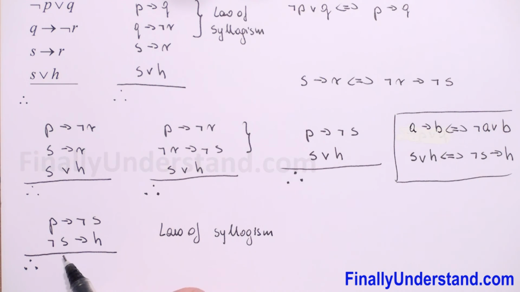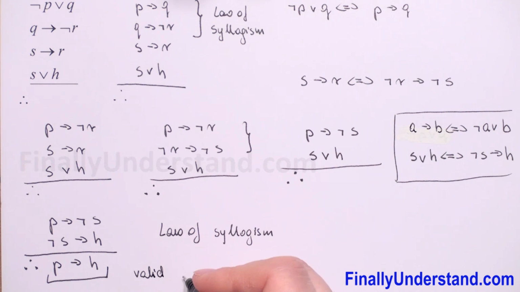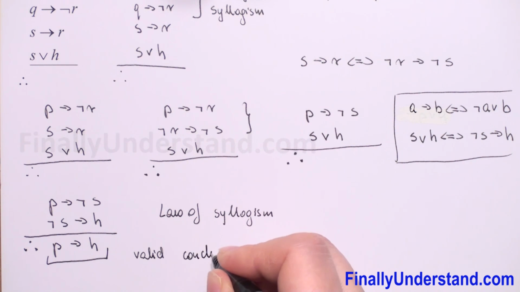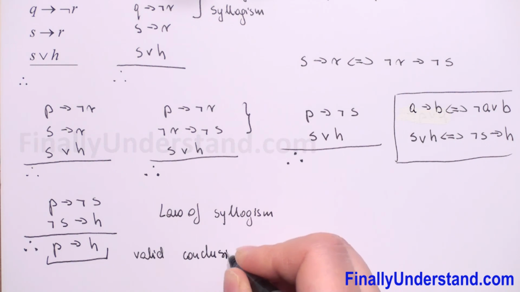This is equal to P implies H. P implies not S implies H, so P implies H. This is our valid conclusion. This is my solution.